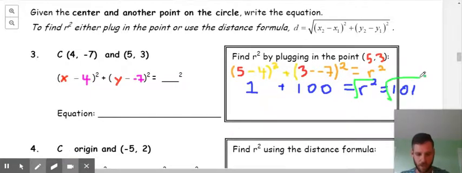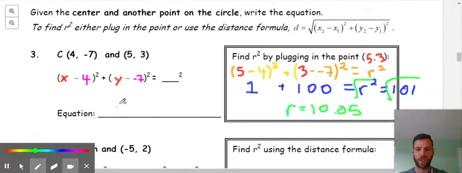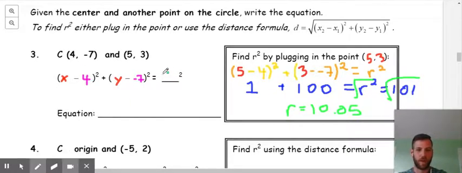Square root of 101 would be approximately equal to 10.05. So r equals 10.05. And most of the time, you're not even going to bother to find what r is. You really only need to know what r squared is.